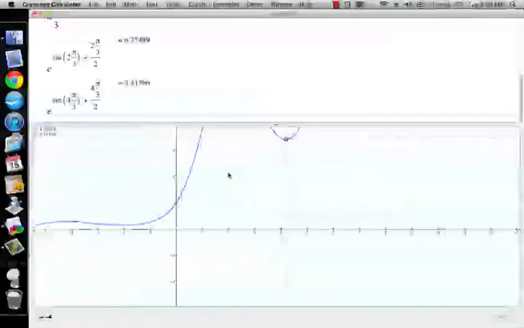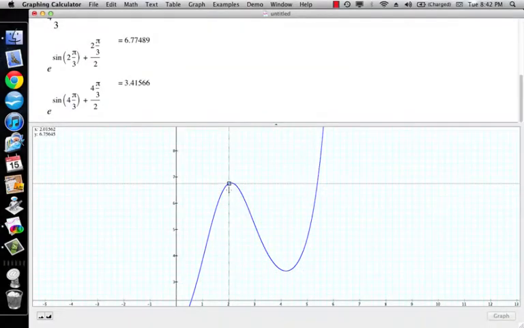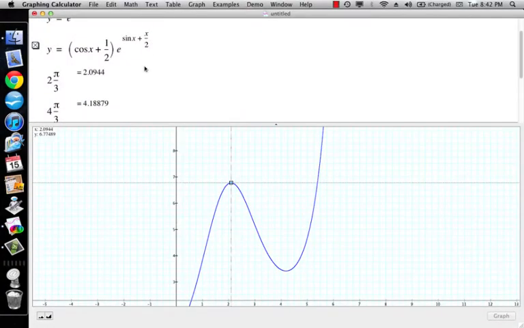And then this one right there should be, well, the y coordinate should be 677489, and the x should be 2.0944.